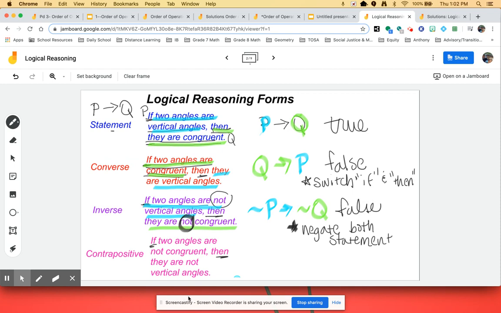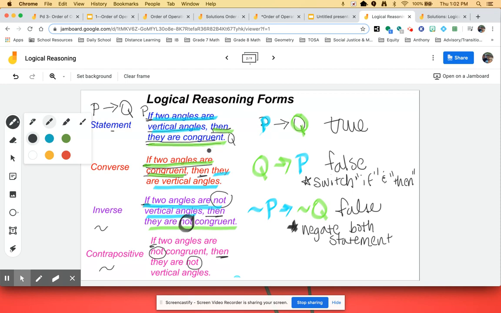Now, the last type of statement that we have is called a contrapositive. And we've got that not in there again. So if two angles are not congruent, then they are not vertical angles. Remember, with our inverse, we're negating. With our contrapositive, we are negating. With this one, we've got if two angles are not congruent. So go back to your original statement. If two angles, that's vertical angles.